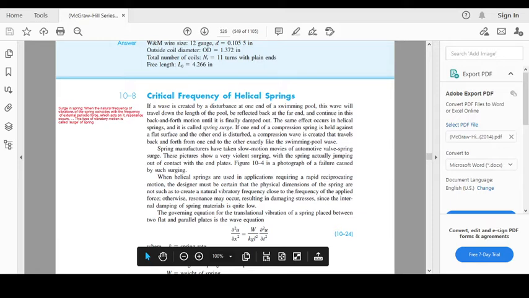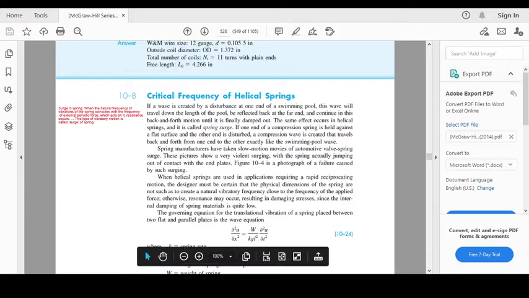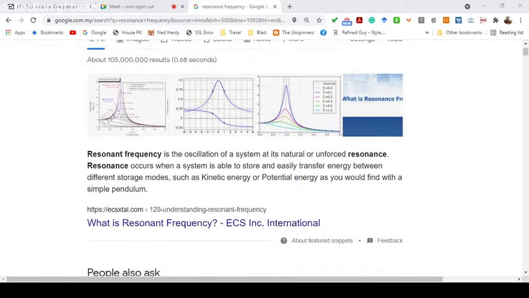You know about resonance, the resonant frequency.